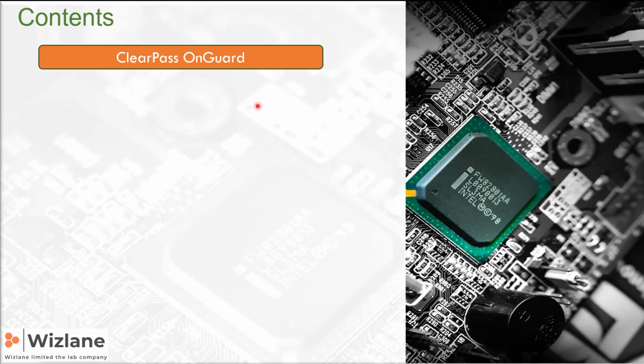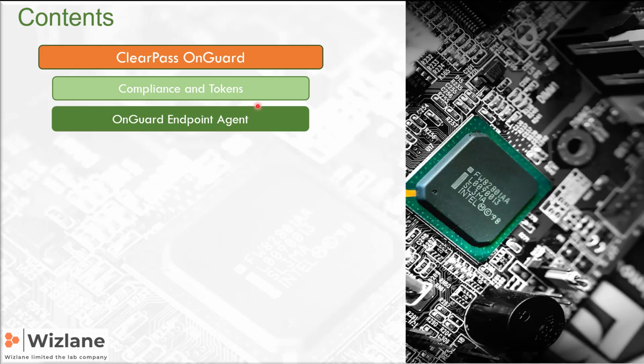Now, OnGuard has its own license as well, so here we would like to cover things like tokens, how these tokens get generated, and how to decide if something is healthy, unhealthy, and so on.